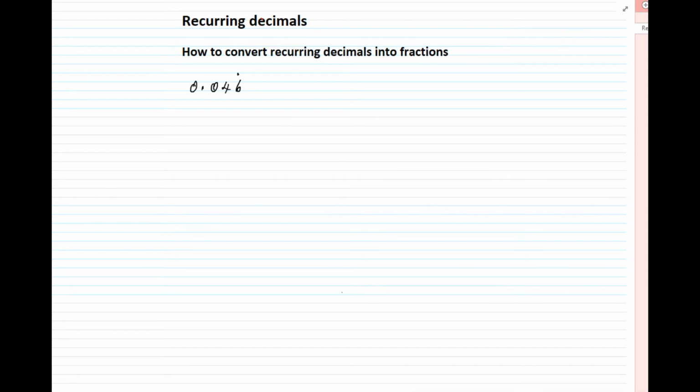Okay, here we have a slightly different question in that we have a decimal which has only one digit recurring and two non-recurring digits. This number is actually 0.04666 forever. So the 6 keeps repeating, but the 04 does not. So how can we write this as a fraction?